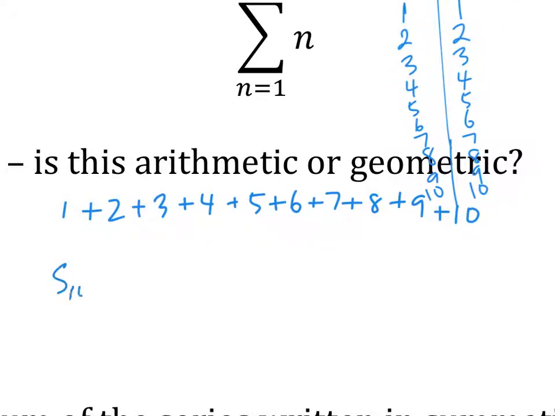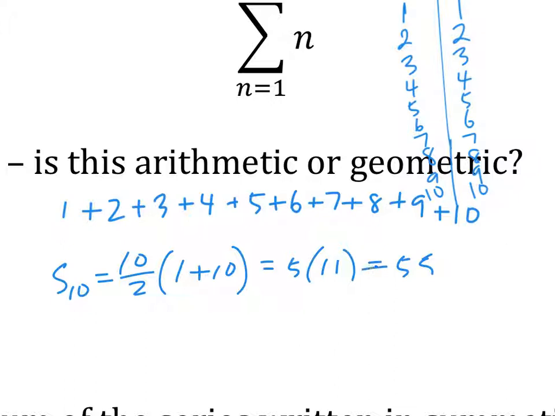The sum of 10 numbers is, formula, 10 divided by 2 times 1 plus 10. Okay, that's another way to do it. So that's 5 times 11, which is 55. All right, try another one.